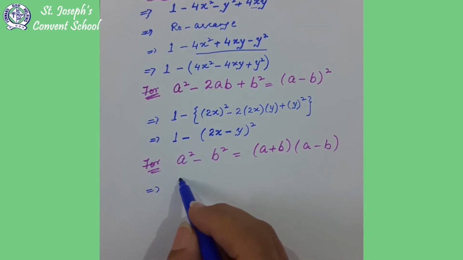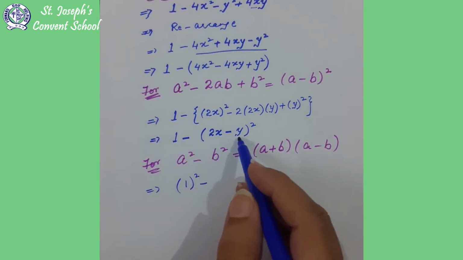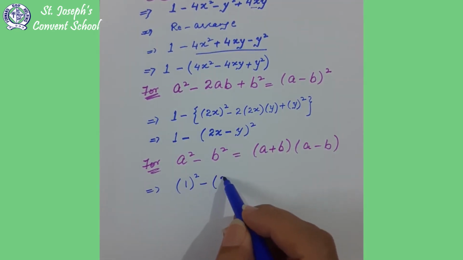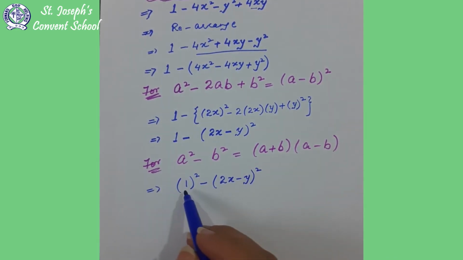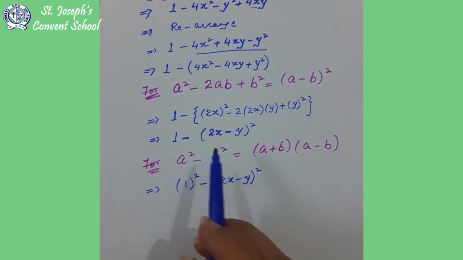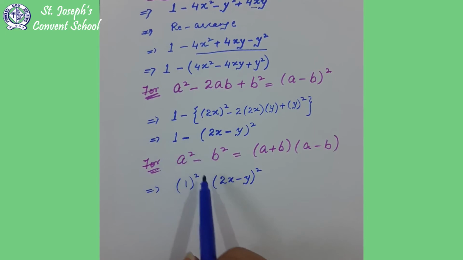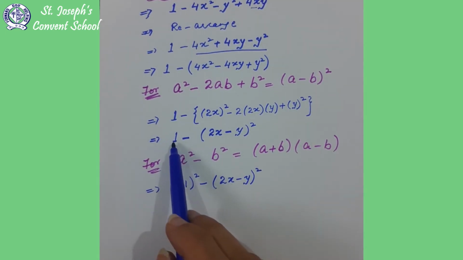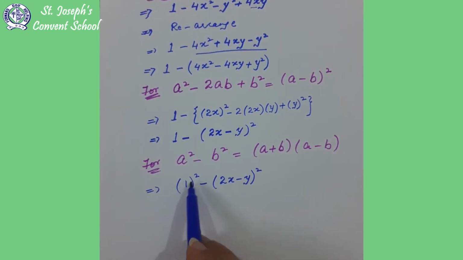So 1 the whole square, root of 1 is 1, minus this is b square. It's already squared, so 2x minus y the whole square. The first term is a square minus b square. That's why we have kept 1 as the first term, because there is a minus sign in the formula. So this is a square minus b square.